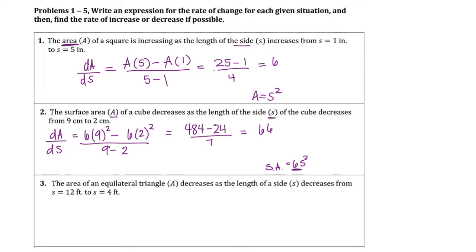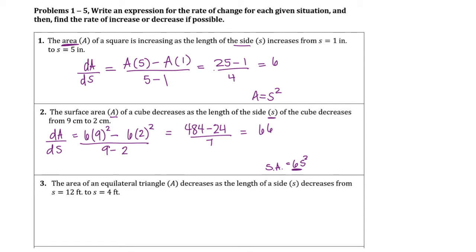Okay, looking at question 3, we have to find the area of the equilateral triangle as the length of the side S decreases. So for this, we're going to look at, again, the area of that equilateral triangle.